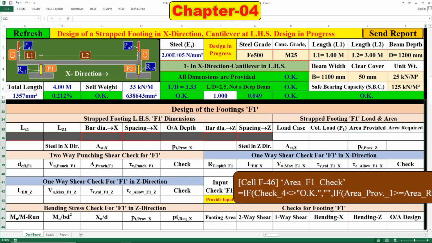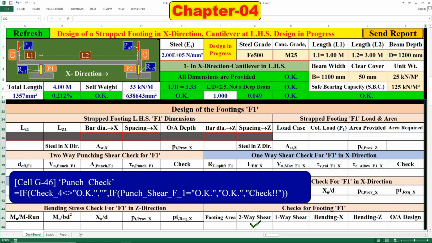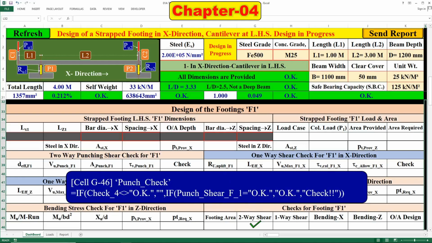Next checking is for two-way shear in cell G46. The defined name of the cell is punch_check. Here, Excel will first check check_4. If it does not find check_4 equal to OK, this cell will remain blank.